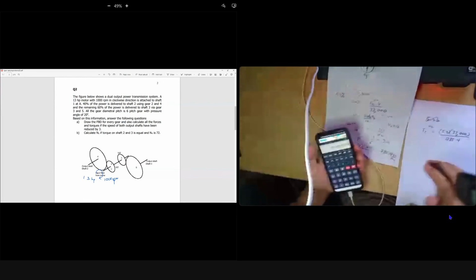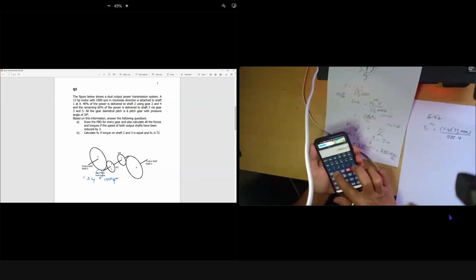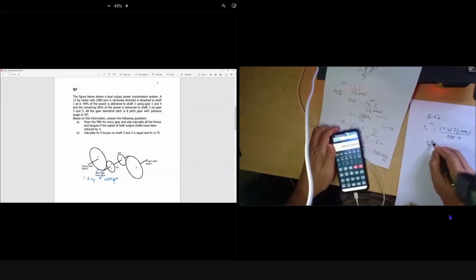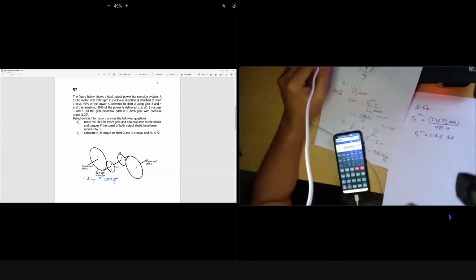So 5.2 times 33,000 divided by 785.4. Your F tangent 2 is 218.5 pound force. This is English units, pound force.